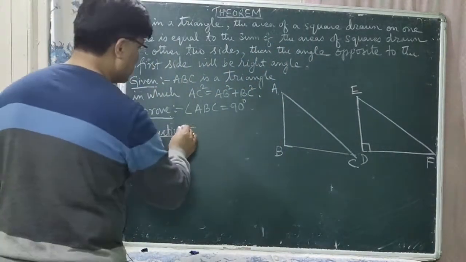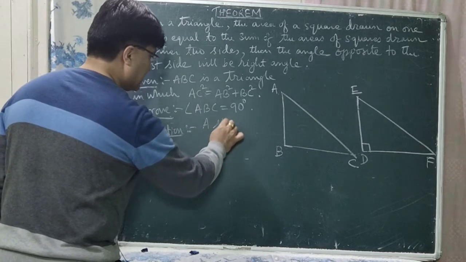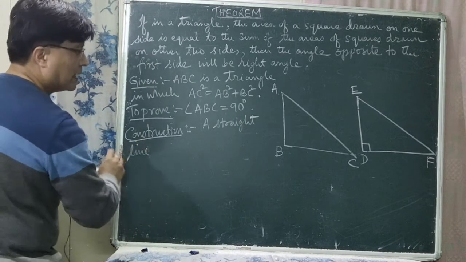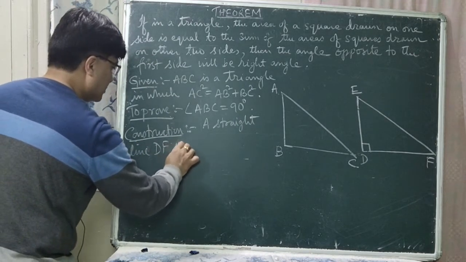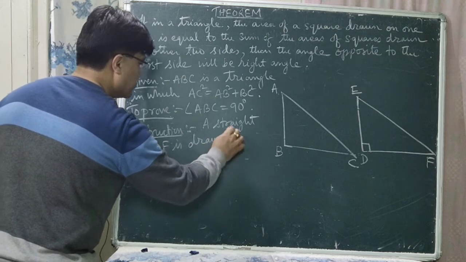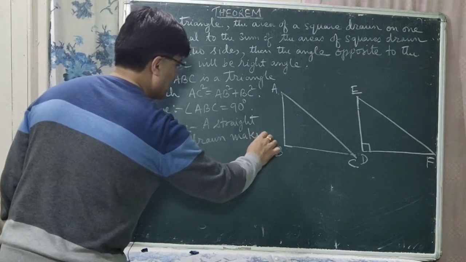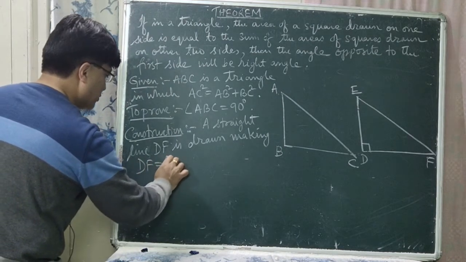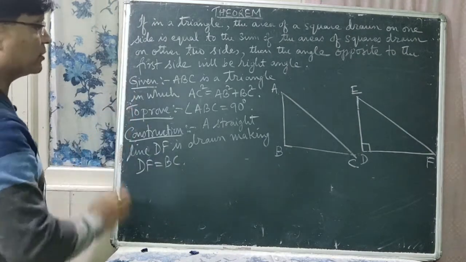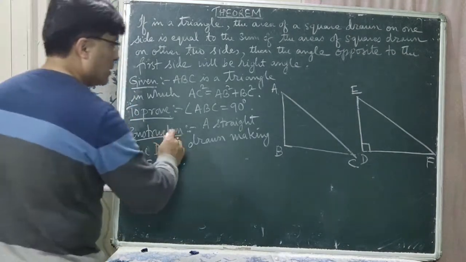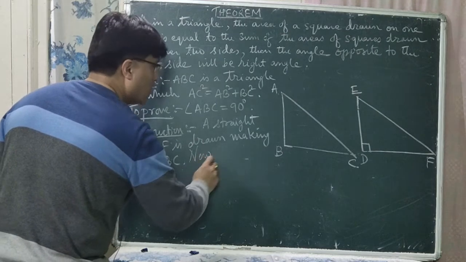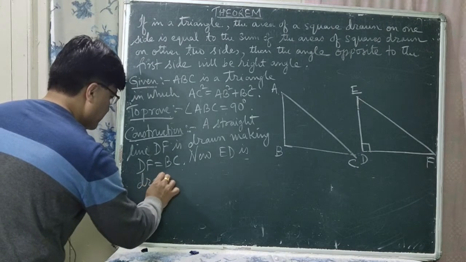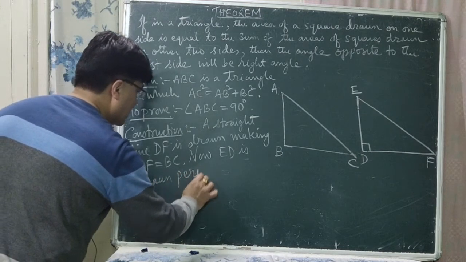So now in the construction, a straight line DF is drawn making DF equal to BC. Now ED is drawn perpendicular.